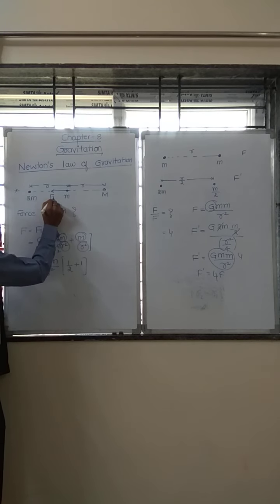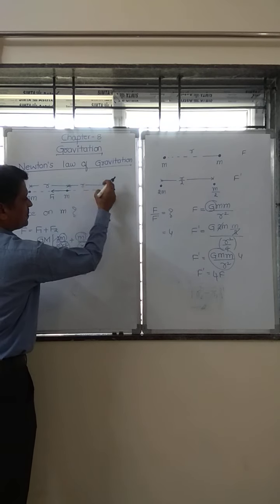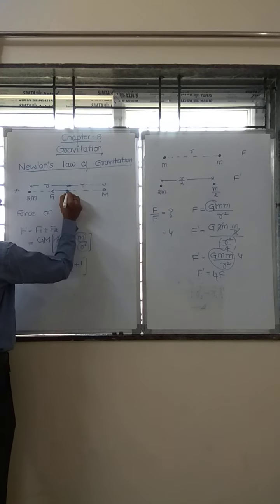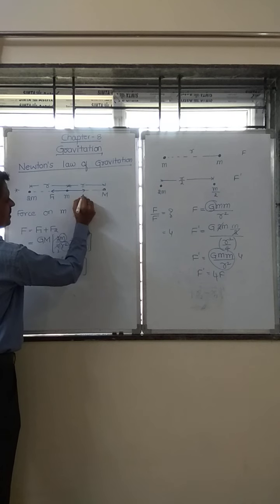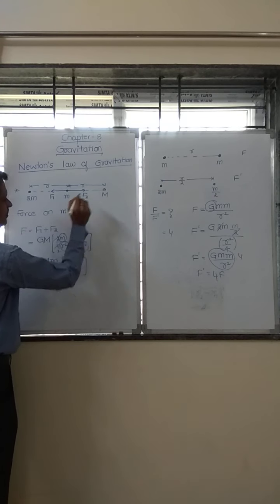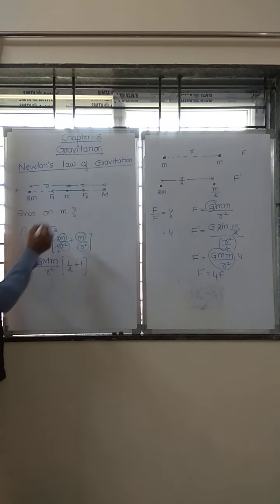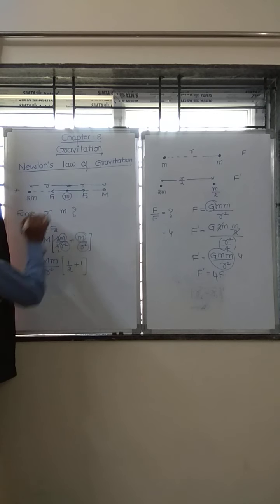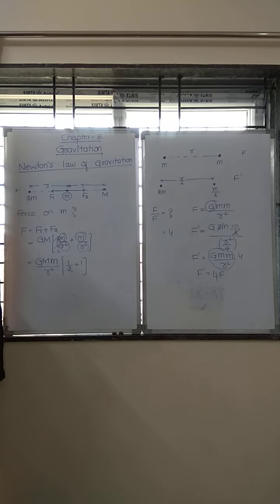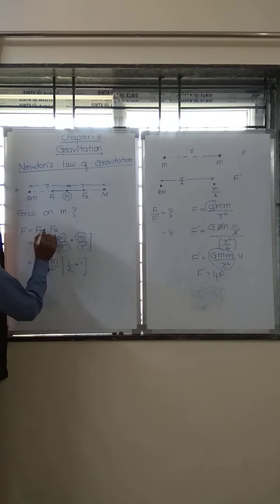If I say F1, this capital M also attracts this small m, hence it experiences a force this side. I can call it F2. Now this small m is experiencing two forces, F1 and F2. Here both are opposite in direction. Therefore, the net force is given by F1 minus F2.